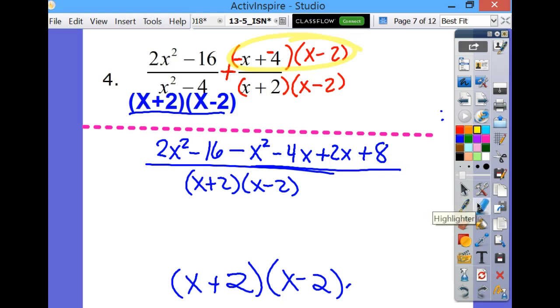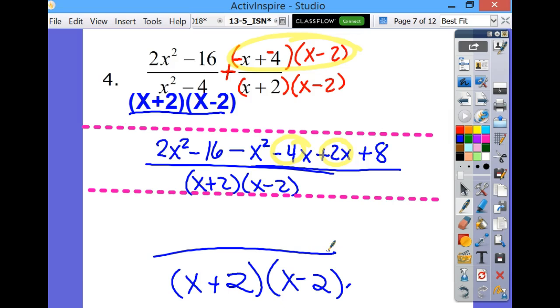I haven't combined my like terms yet, so I'm going to combine this term and this term. So what do you get when you combine like terms? This one and this one make x squared. This makes negative 2x. This makes negative 8.